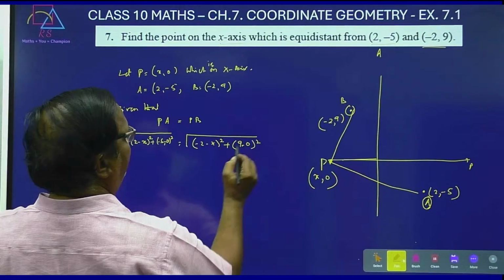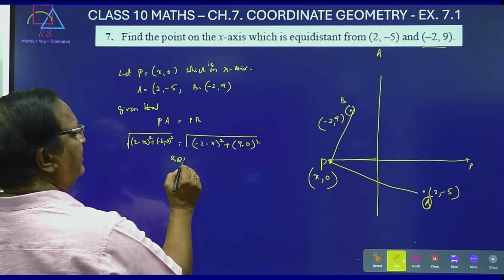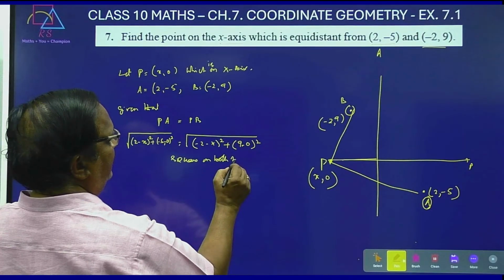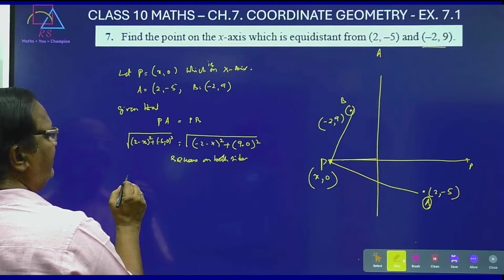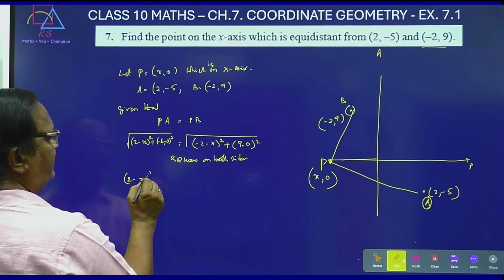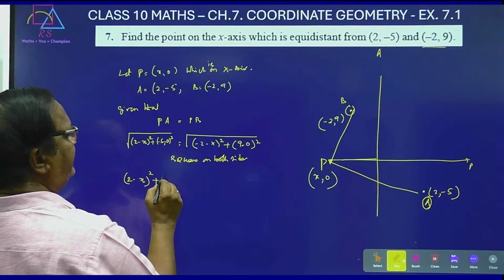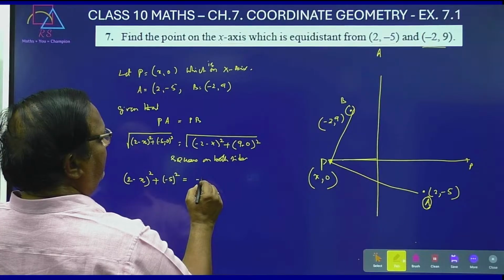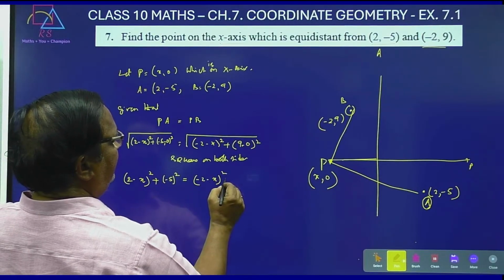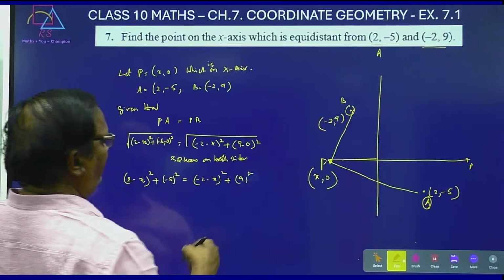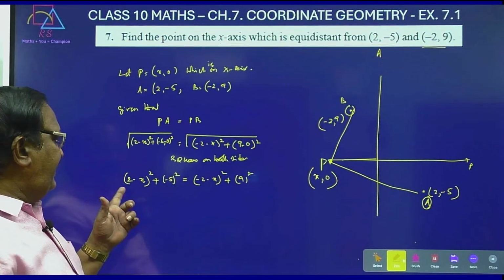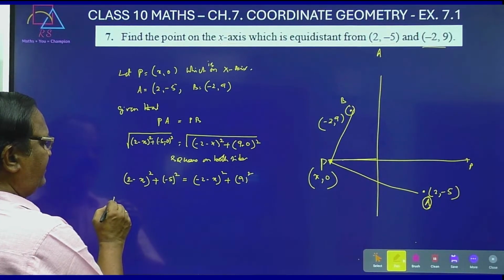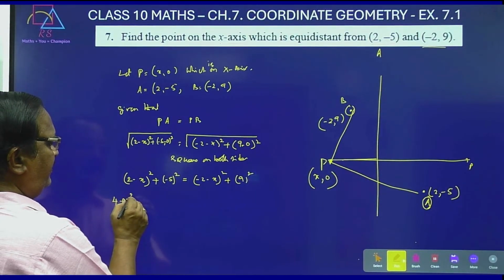Now square on both sides, the square root will go, so only the inside things will be there. 2 minus x whole square plus minus 5 whole square is equal to minus 2 minus x whole square plus 9 whole square. Open the brackets using a minus b whole square equals a square plus b square minus 2ab.